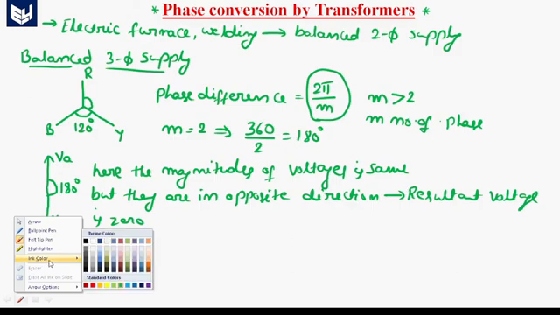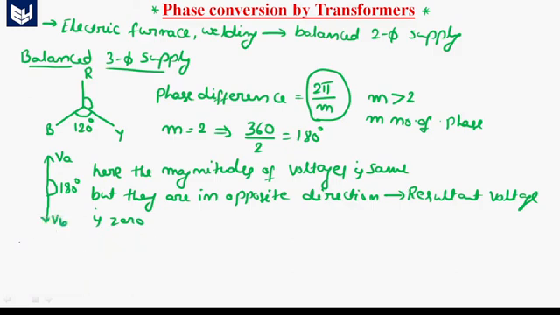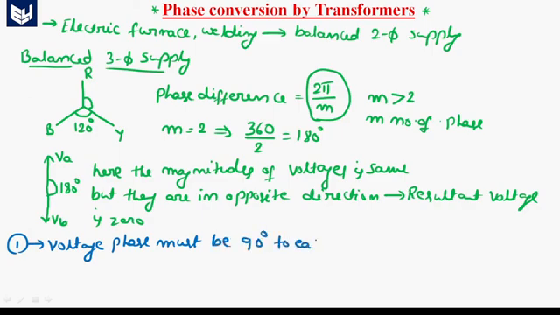So now what are the requirements for two-phase supply? See, the requirements for the two-phase supply are, first requirement is the voltage phase must be 90 degrees to each other, in the sense the phase displacement between VA and VB must be 90 degrees.